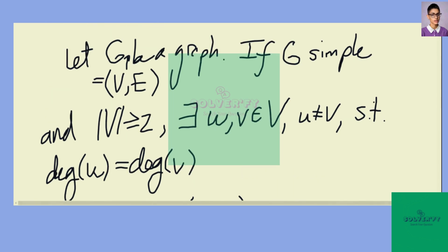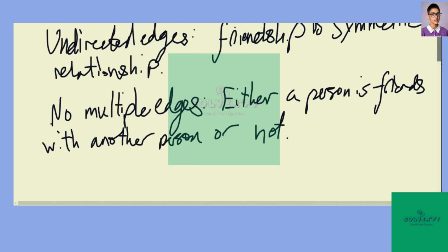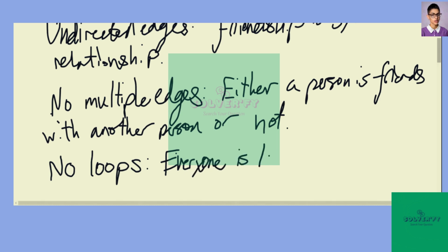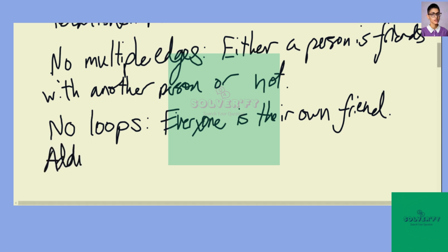And now the next step is we want to check to see if loops are allowed. Sort of a weird question, but I'm going to say no loops are allowed in this case. To justify this, it's hard to believe that anybody is not their own friend. So I'm going to say that everyone is their own friend.